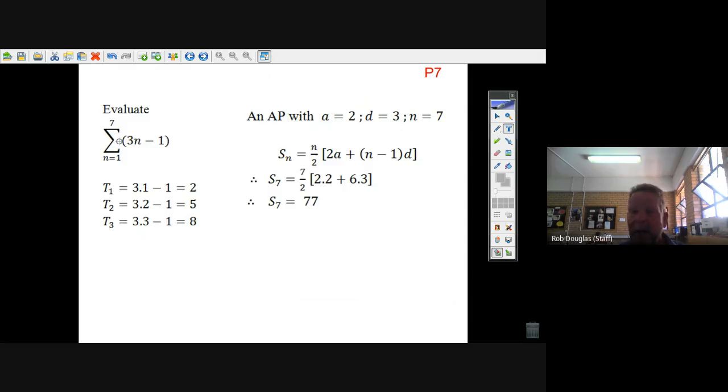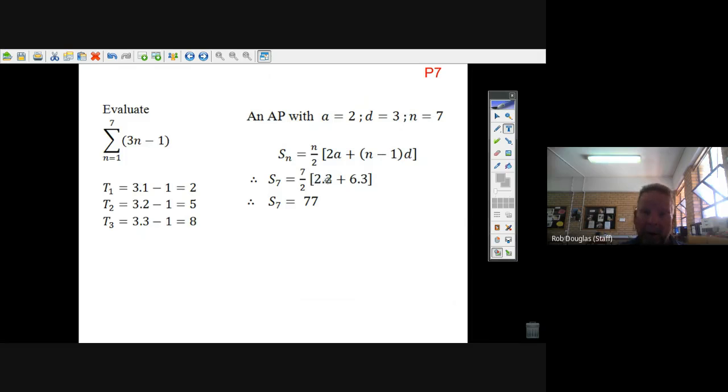Now, all you do is you go to your formula for finding the sum of an arithmetic series. You could use this one, n over 2, and then 2a plus n minus 1 times d. Instead of a, you put 2. Instead of n, you put 7. So you go 7 minus 1 is 6. Instead of d, you put 3.